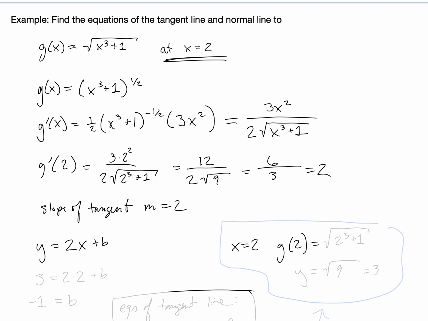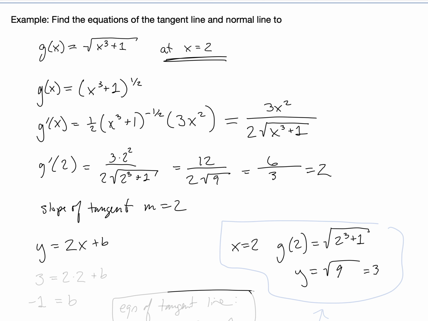So g of 2 is the square root of 2 cubed plus 1. So g of 2 is the square root of 2 cubed is 8, plus 1 is 9, square root of 9, and that's nicely just 3. So this is the y value. The output, g of 2, is 3.